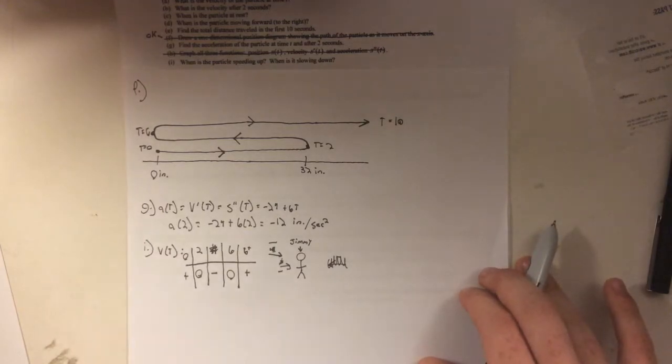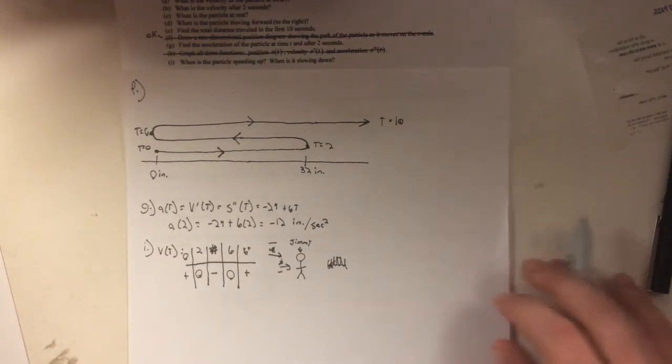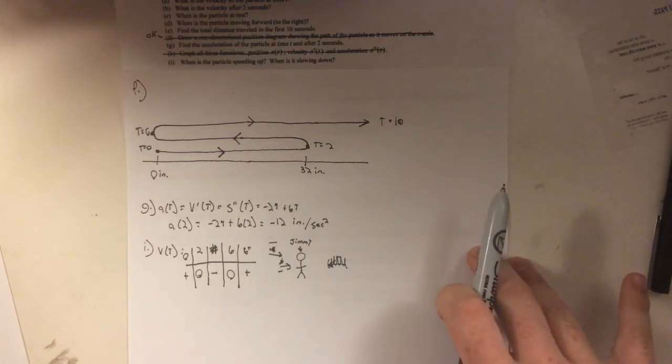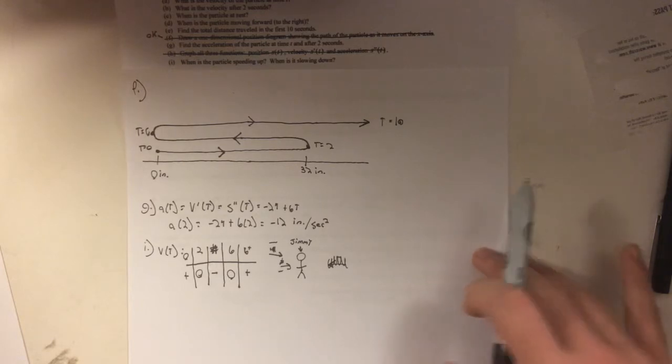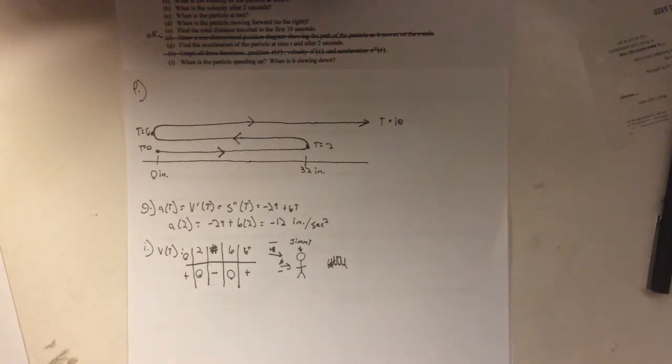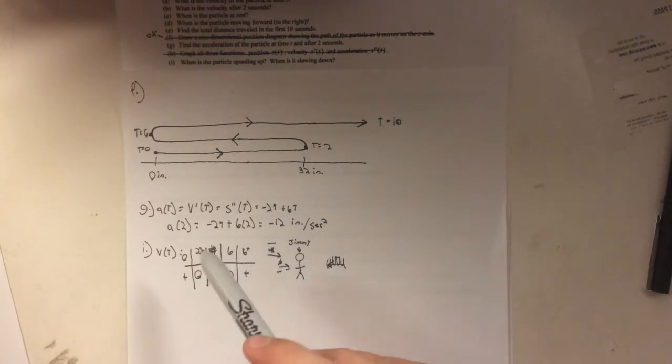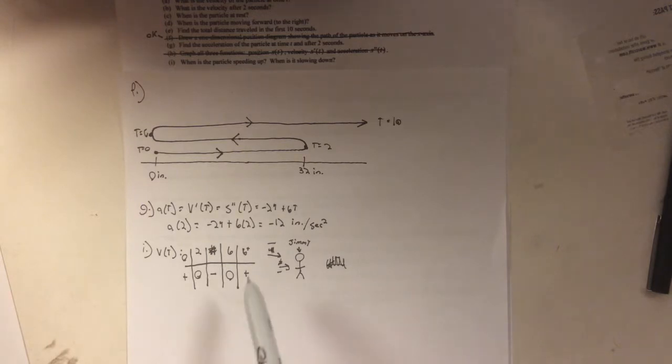Now, to find when it's speeding up and slowing down, we're going to have to find the sign changes of the velocity and acceleration function. So, we had already made a velocity table, and I just kind of quickly sketched it out again, because it was on another piece of paper. When time t equals 2 and 6, the velocity is equal to 0.